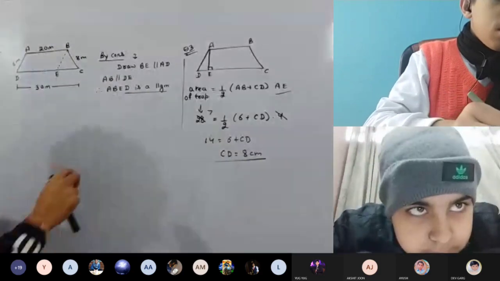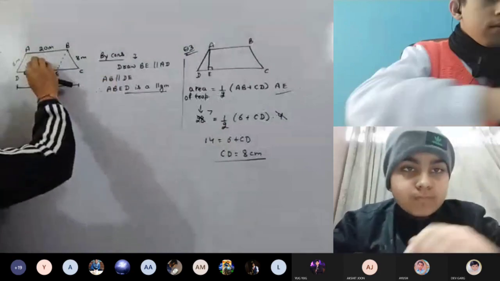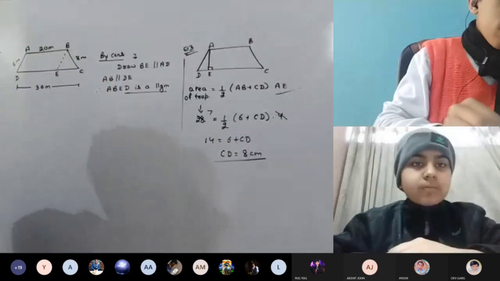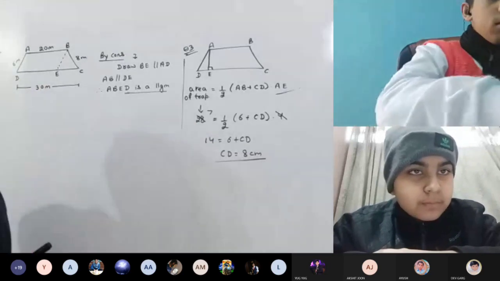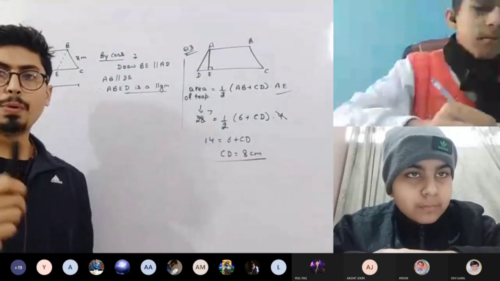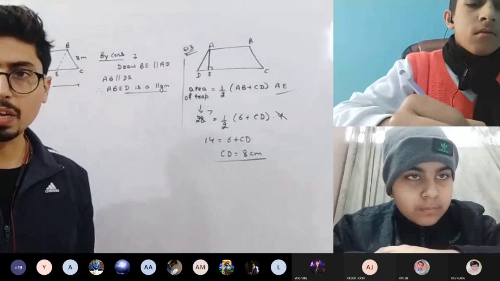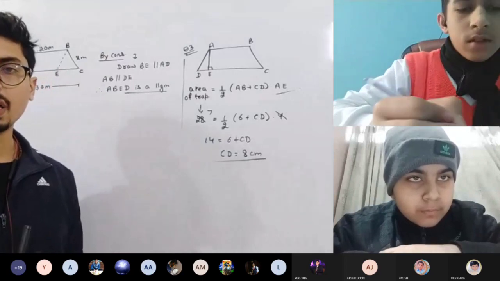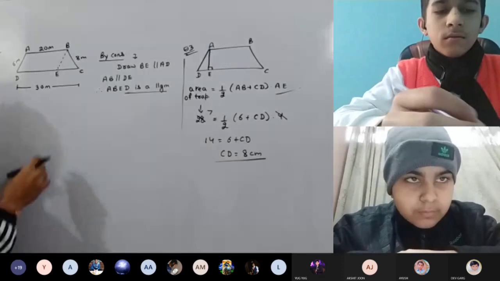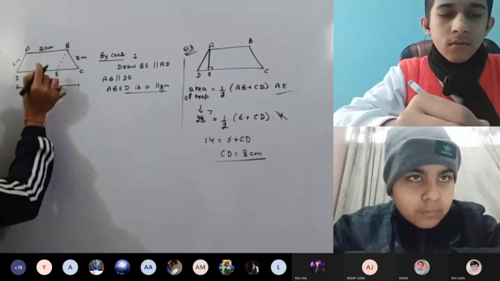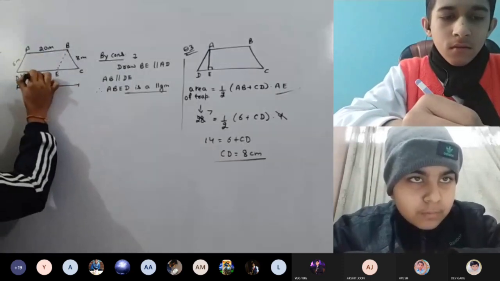Okay. Now just see. ABED is a parallelogram. So now, students, we know the property that opposite sides of a parallelogram are equal. So, students, can I say that if this is 20, this is 20 as well?